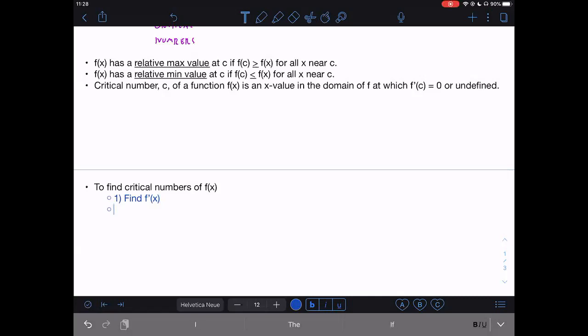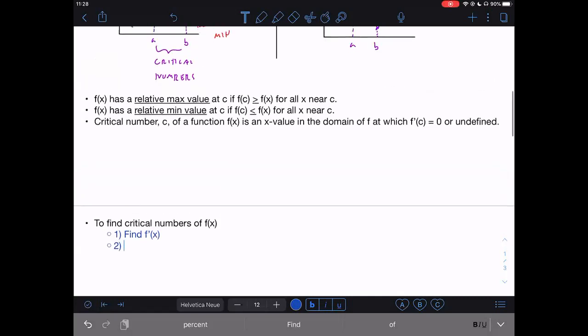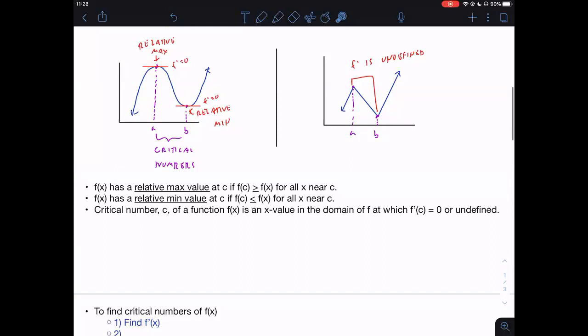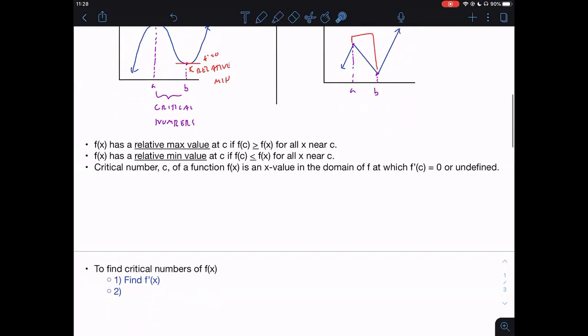Now, after we find the first derivative, how do we calculate or find these critical values? Well, again, the critical numbers are the points of x in which if we evaluate our first derivative at these critical numbers, it will either be 0 or undefined. Okay, meaning these critical numbers are the zeros of the first derivative. And how do we solve for the zeros of a function?